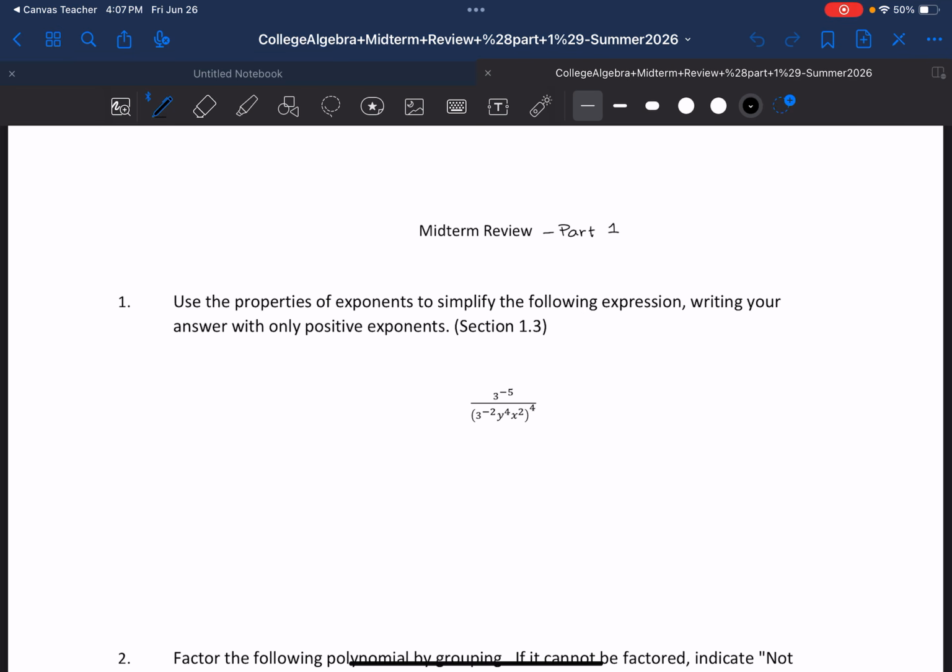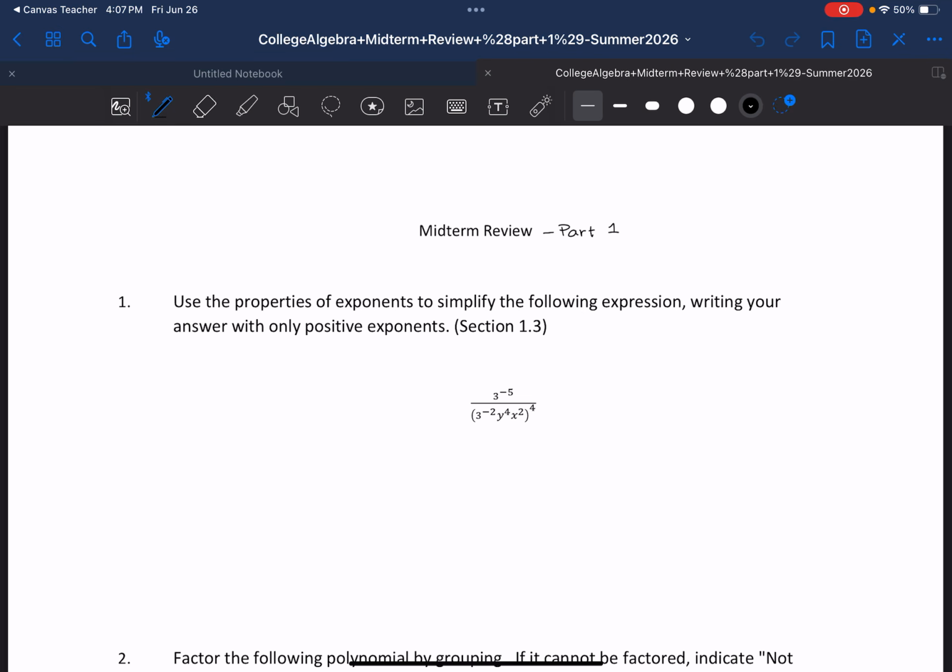And finally, before I get started, just a reminder, if you have not already made your appointment to take your midterm, I would highly suggest you do that immediately, because their appointments fill up quickly. So if you wait to the last minute and there's no appointments available, that's on you, because I have given you announcements and reminders and all that good stuff.